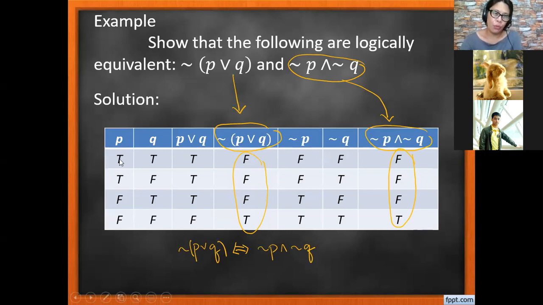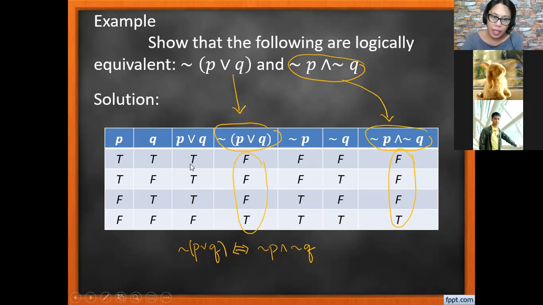So how did we come up with this one and this one also? We have statements P and Q. If P is true, Q is true. So we have to work on P or Q first. So P or Q here is true. This is true also, this is true, and this is false. So you all agree that these are all correct. Now, how did we come up with negation of quantity P or Q?